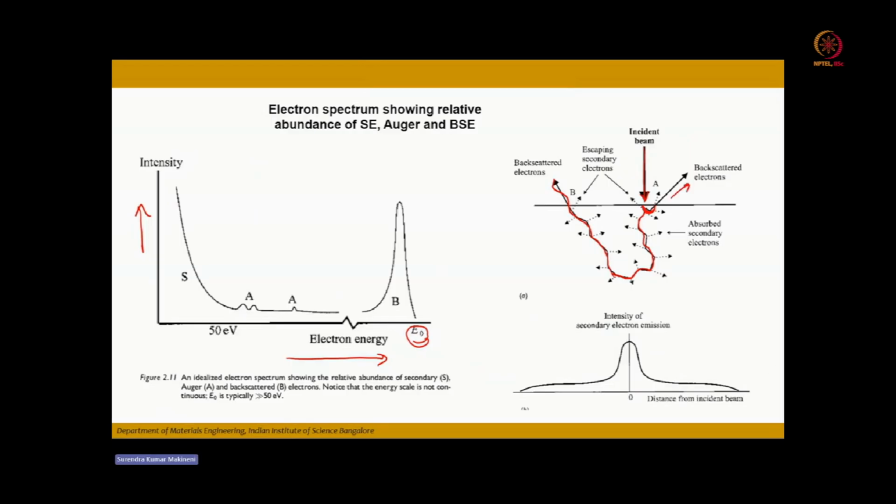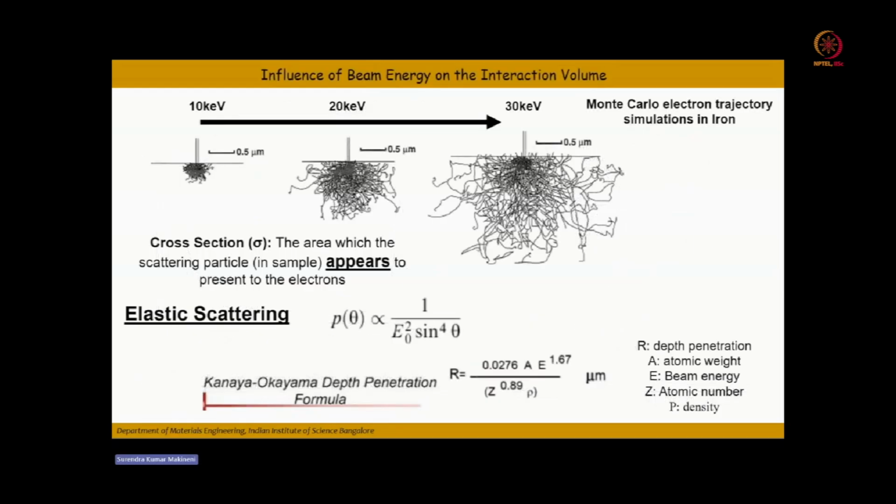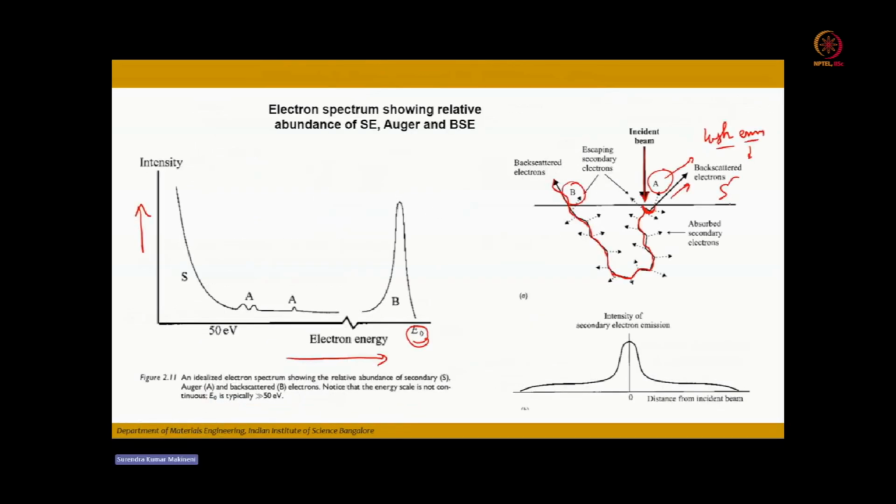There are two types, A type and B type. A type backscattered electrons have very high energy because they lost very little energy from E0, and they also have a high spatial resolution because they come only from the top surface.